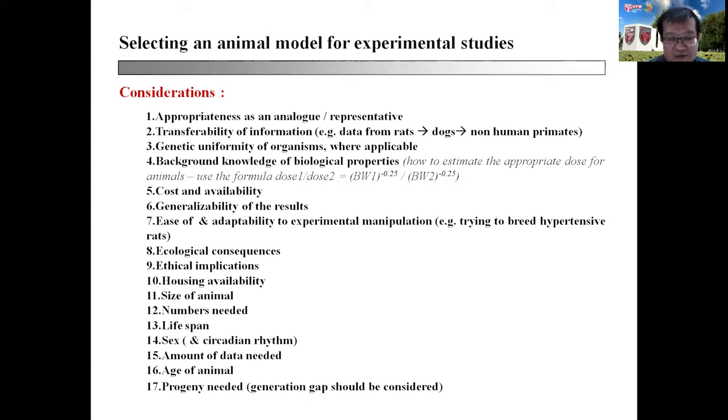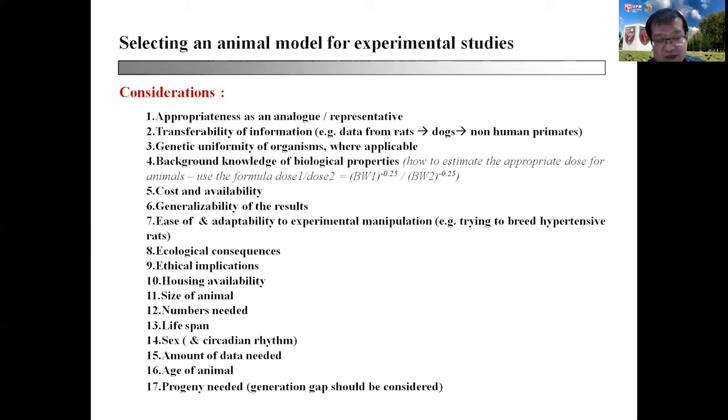And of course, cost and availability of these animal models will be an important determinant, and so does generalizability of the results itself. Ease of adaptability to experimental manipulation is also worth considering when we are selecting animal models. Of course, ecological consequences, ethical implications, housing availability, the size of the animal, and of course, that will also determine the numbers required are also important considerations.